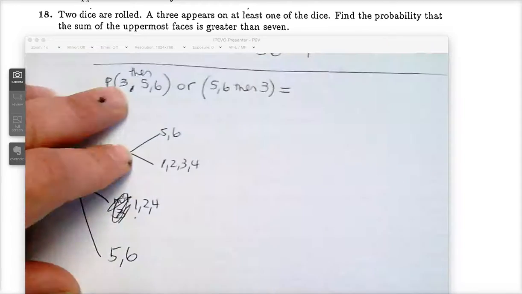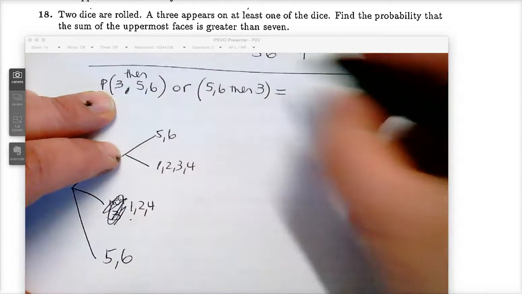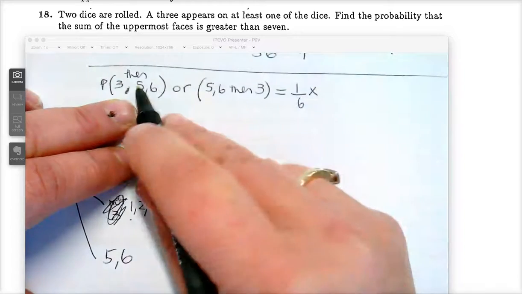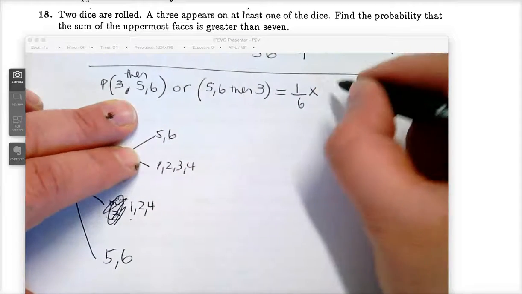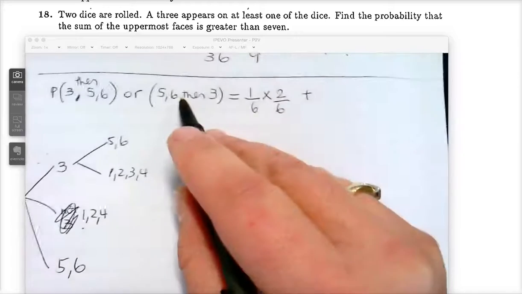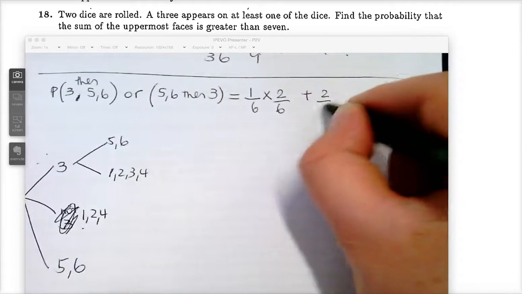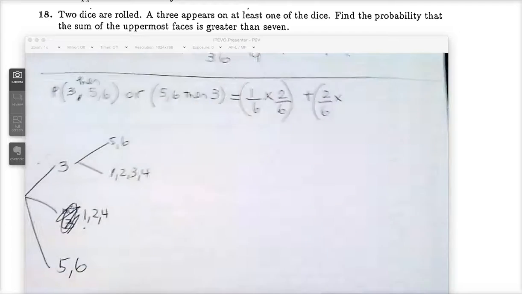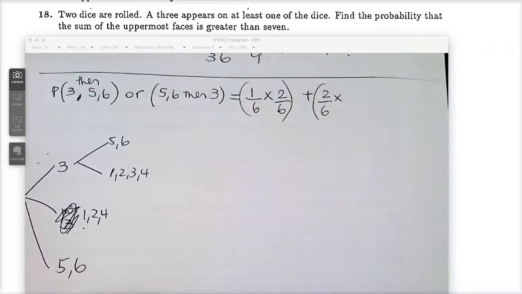So what's the probability of a 3 just rolling 1 dice? 1 out of 6. What's the probability of getting a 5 or a 6? 2 out of 6. Just think, if you're rolling it, how could this physically happen?